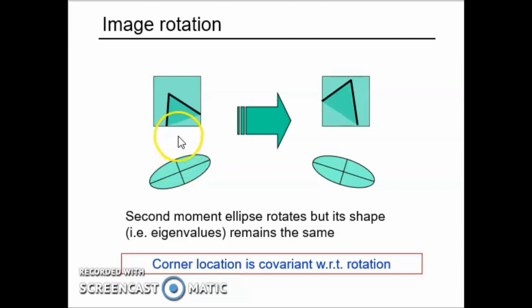So irrespective of the type of rotation that we apply, this is always going to be an ellipse, and this will in effect rotate the ellipse by a particular angle. If both eigenvalues have a large value, they are going to remain large even after image rotation. So we can say that the corner location is covariant with respect to rotation changes.